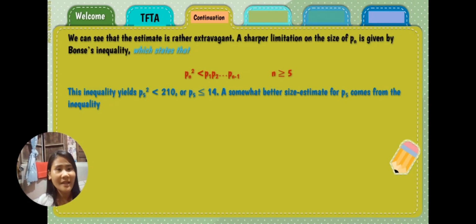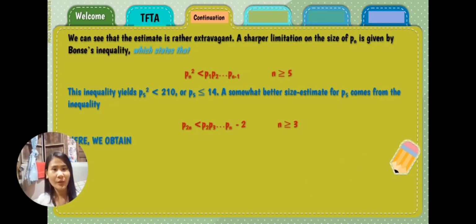A somewhat better size estimate for P sub 5 comes from the inequality P sub n plus 1 is less than 2 P sub n, where n is greater than or equal to 3.